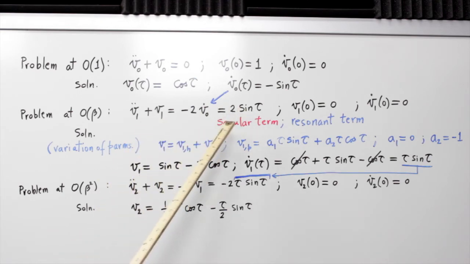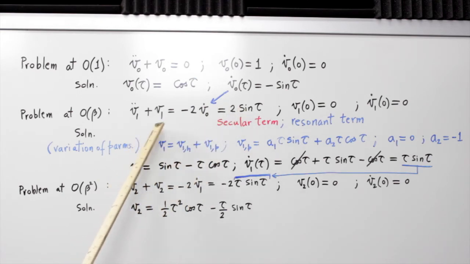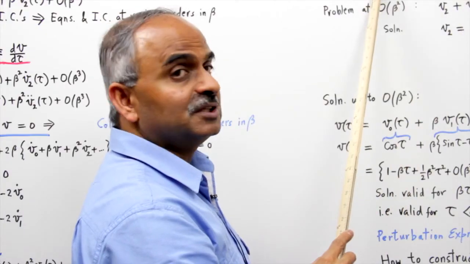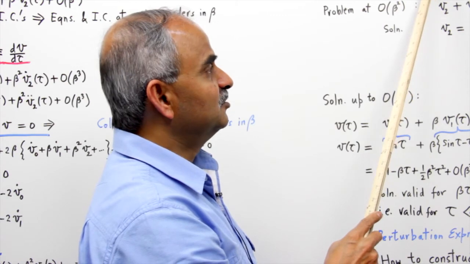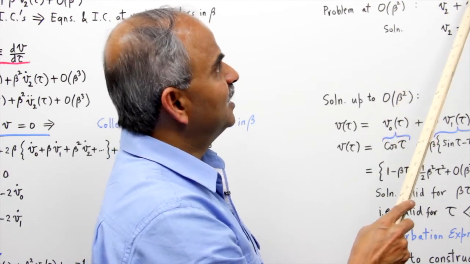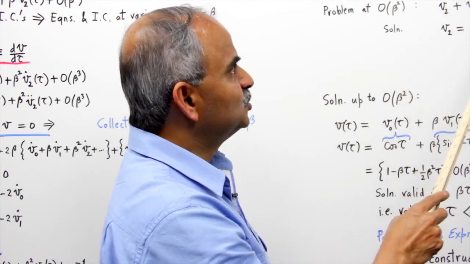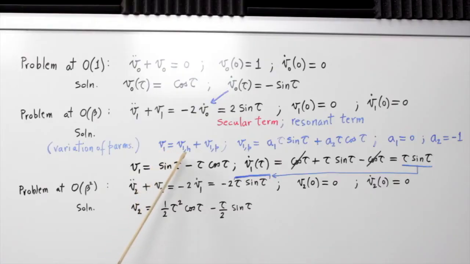Well, there are a number of ways in which we can solve this inhomogeneous problem. One method that we have learned is the method of variation of parameters. We can apply that here. And two things we need to recognize is that the solution v1 is made up of the homogeneous solution plus a particular solution.